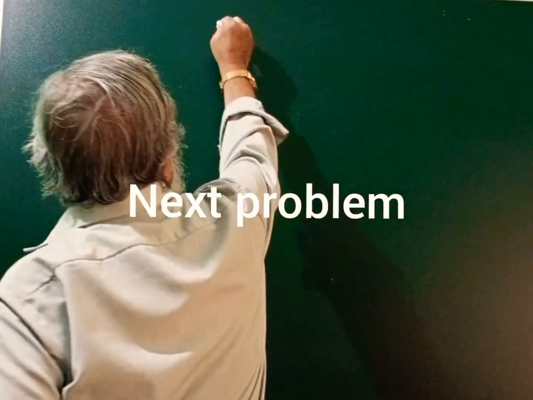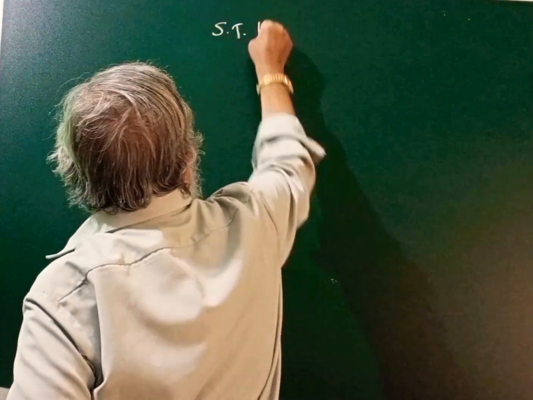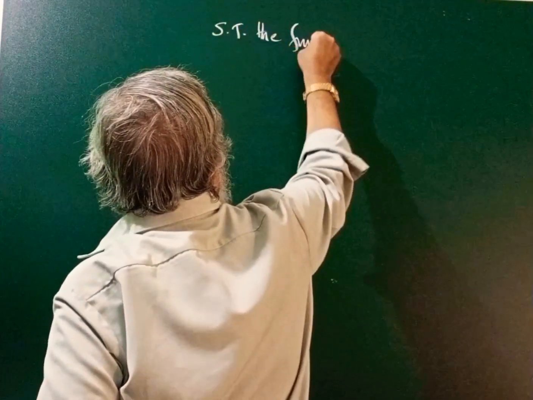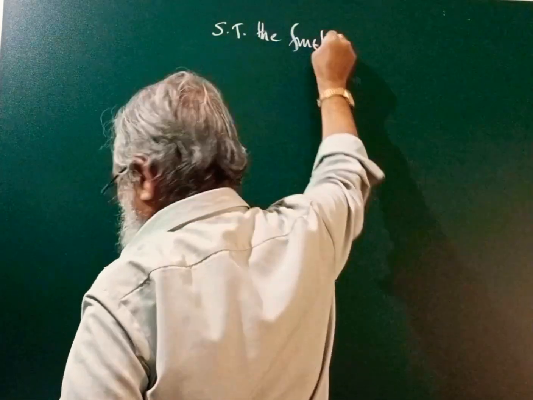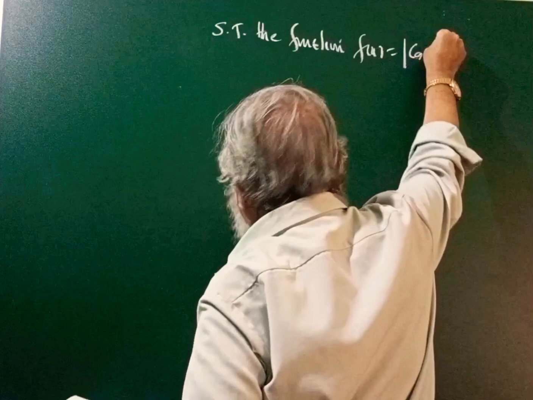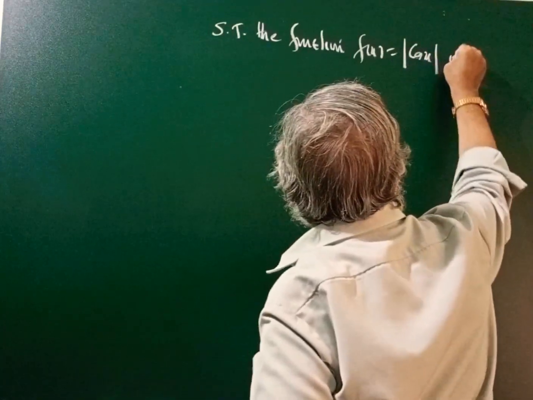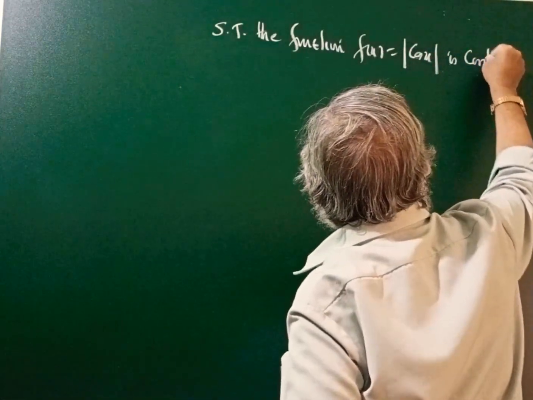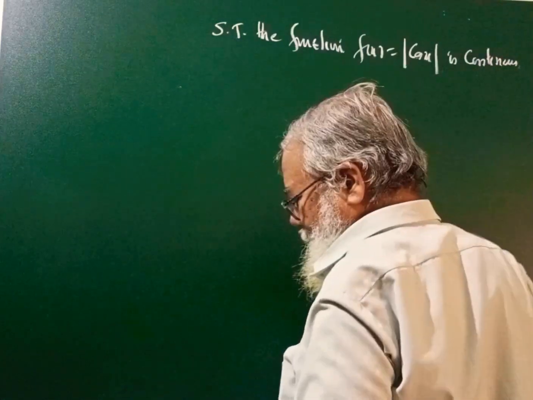Show that the function f(x) equal to mod of cos x is continuous.